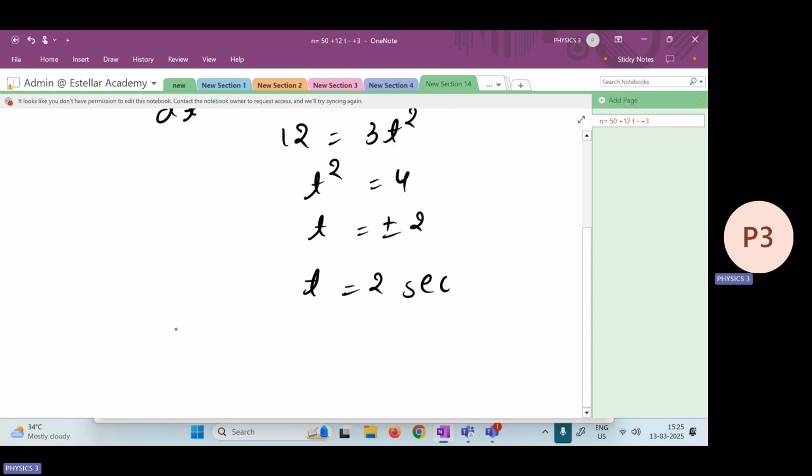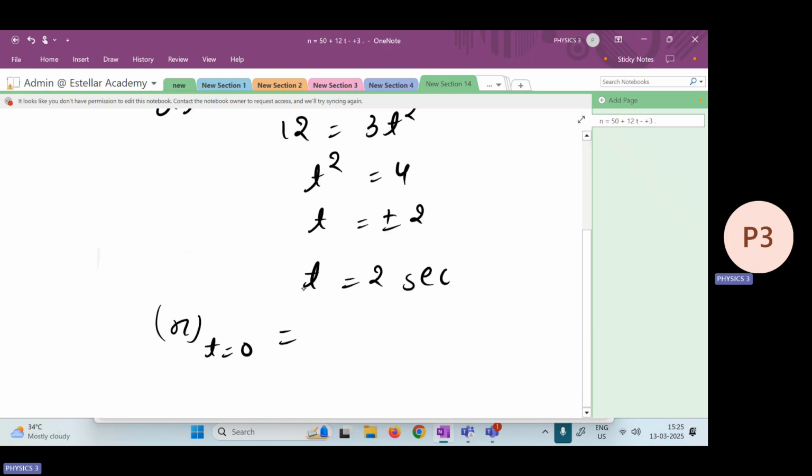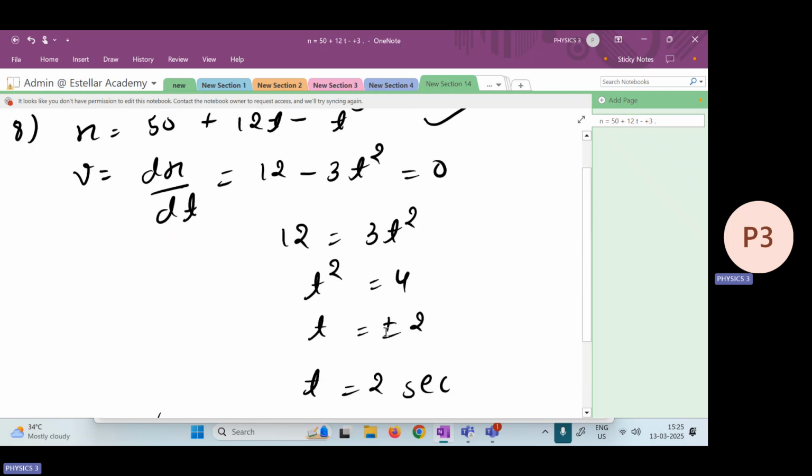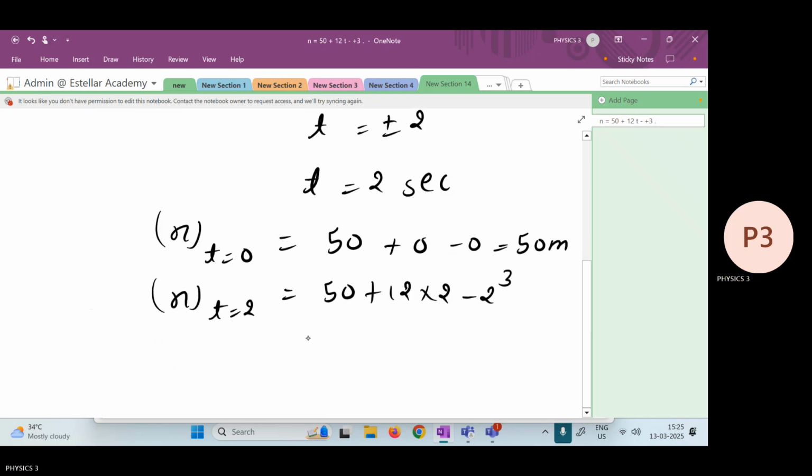Now we have to find distance traveled by it. So first we will find its position at t is equal to 0. If you put t is equal to 0 in the given equation, it would be 50 plus 0 minus 0. So it would be 50 meter. Now we will find out its final position, which is at t is equal to 2 seconds. So this comes out to be 50 plus 12 into 2 minus 2 cube.